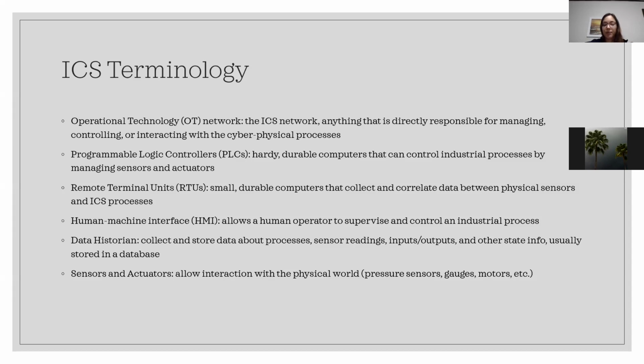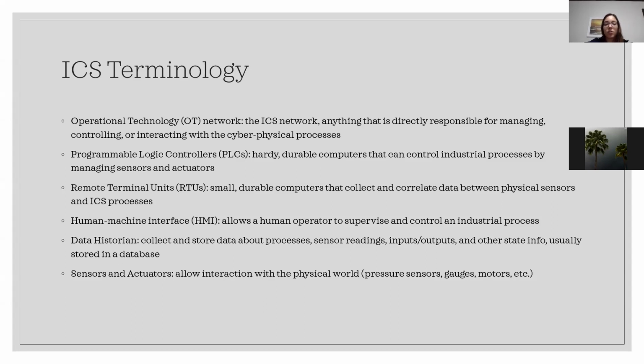They're how we gather information from the physical environment. So pressure sensors can gauge what the pressure of a given tank is. Motors can be used to move things on a belt, stuff like that.